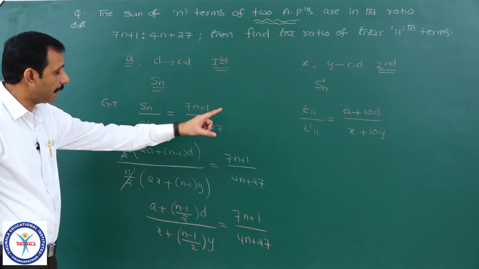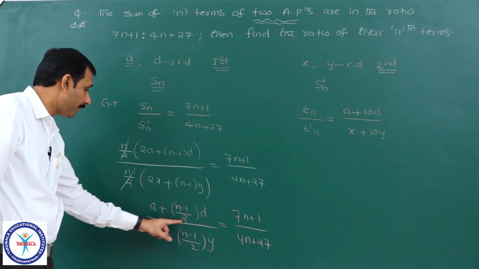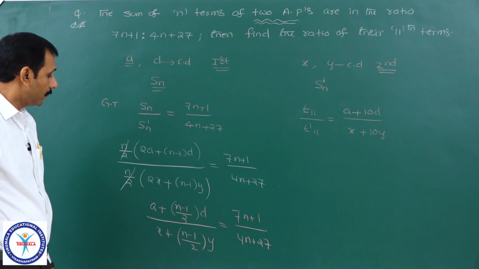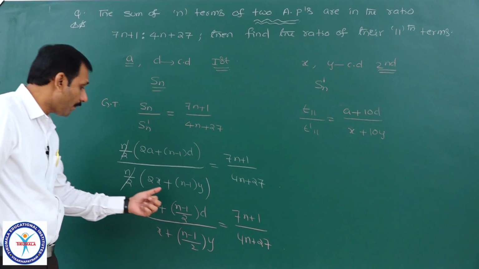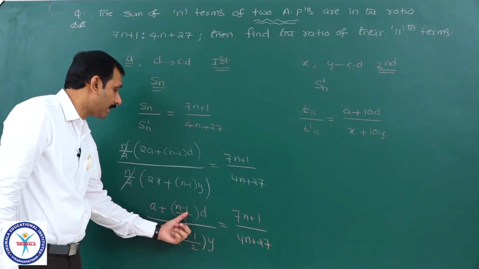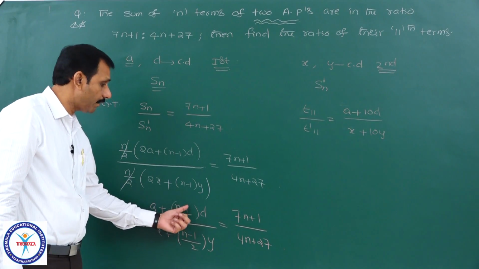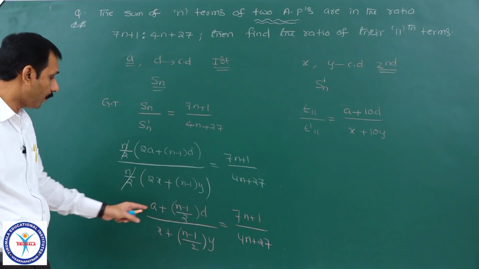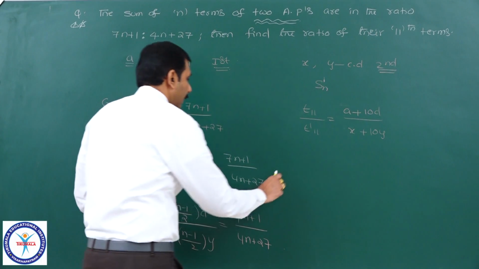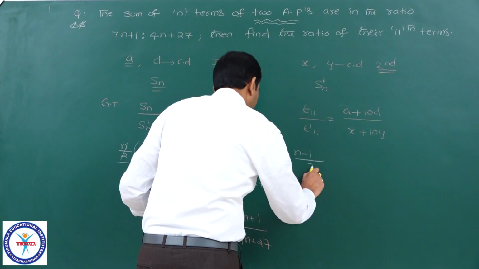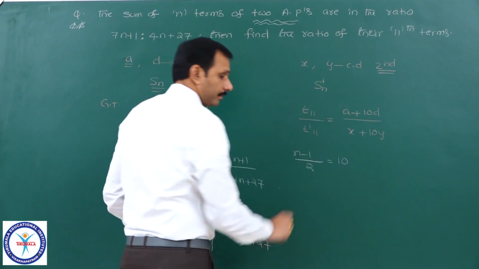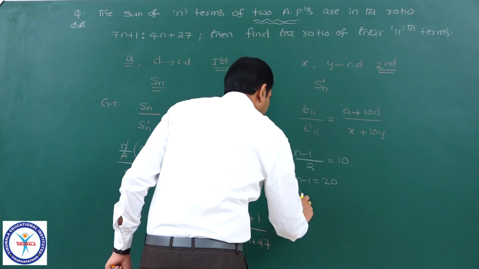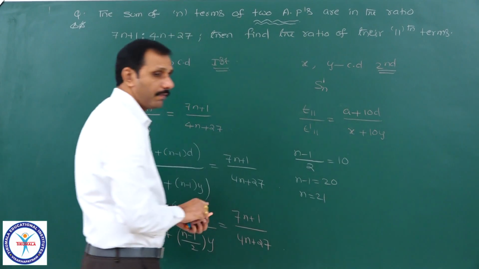It will become T11 by T prime 11 if (n minus 1) by 2 is equal to 10. For that value of n, we get that ratio. So (n minus 1) by 2 is equal to 10, that implies n minus 1 is equal to 20, therefore n is equal to 21.